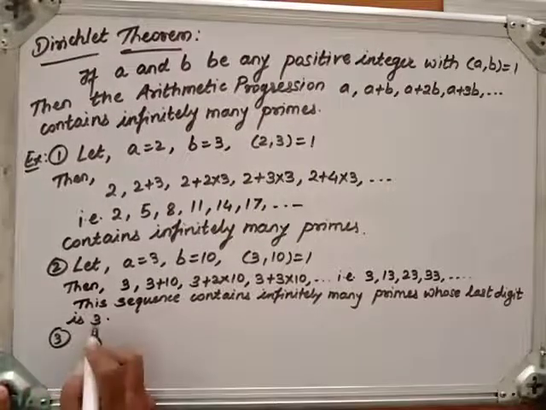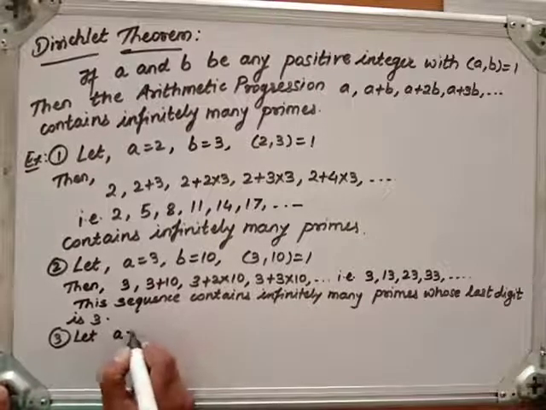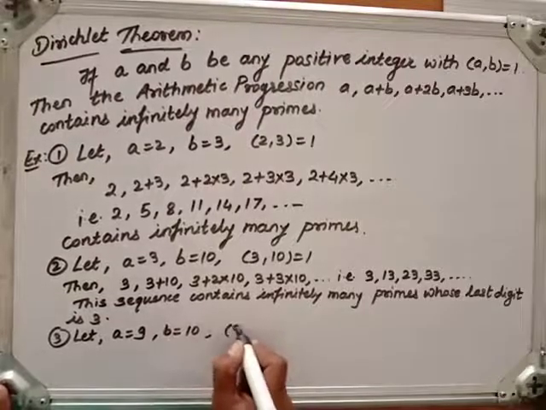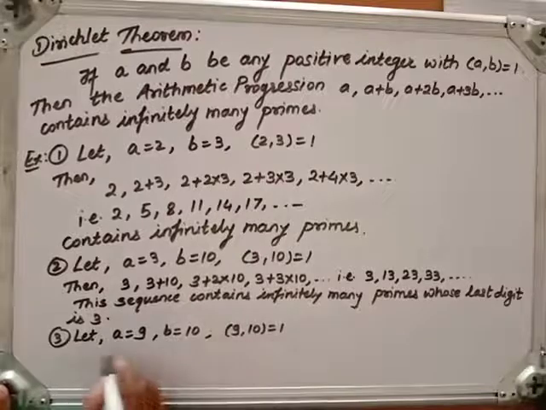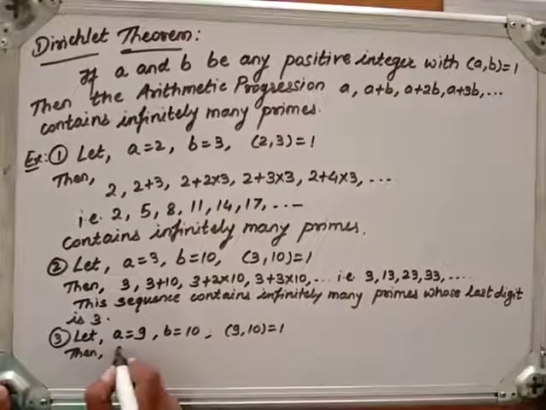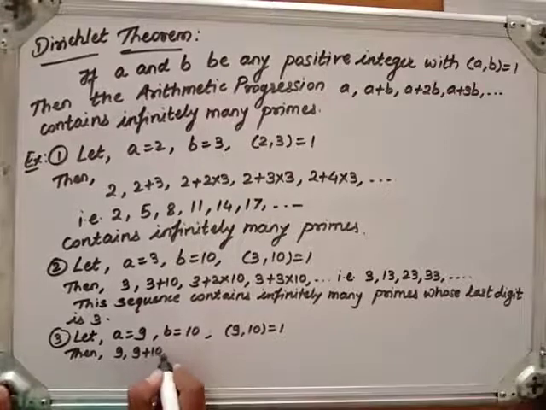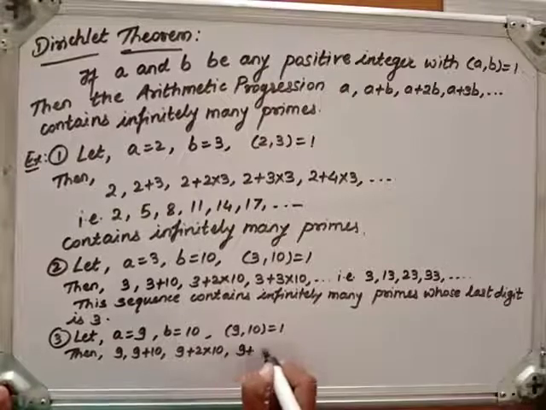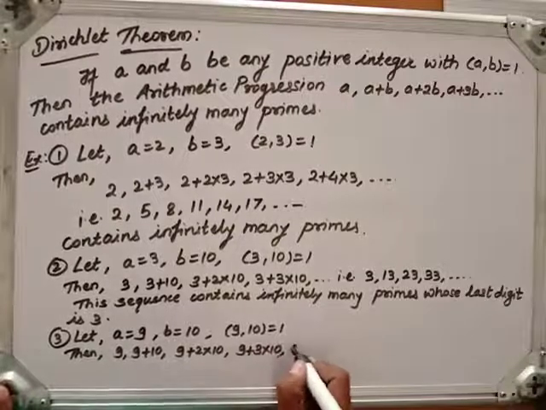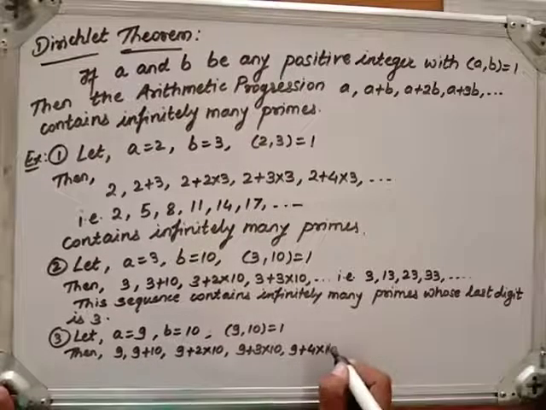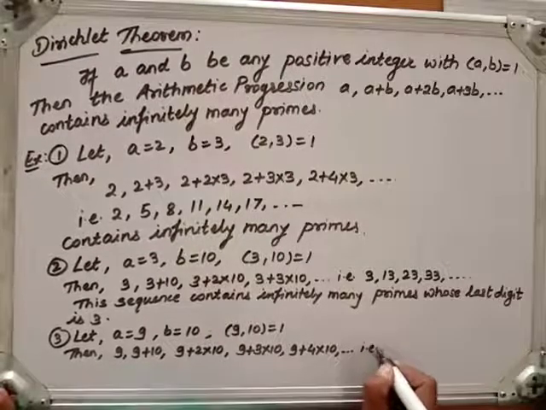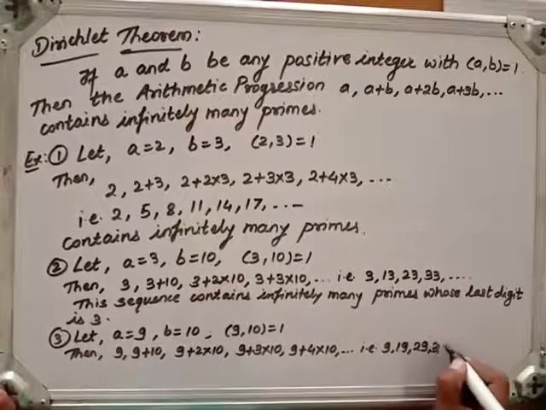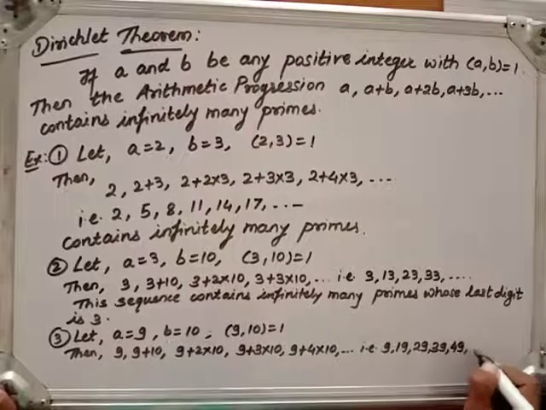Let me take one more. Let a be equal to 9, b equal to 10, and you know 9 and 10 are again relatively prime. Then 9 plus 10, 9 plus 2 into 10, 9 plus 3 into 10, 9 plus 4 into 10, and so on. That is 9, 19, 29, 39, 49, and so on.